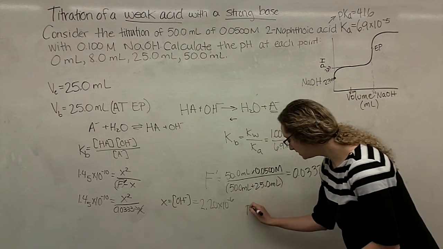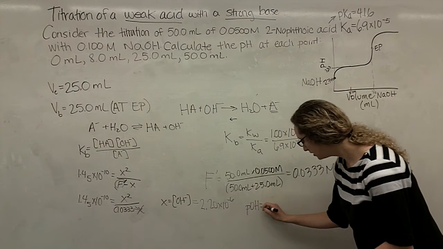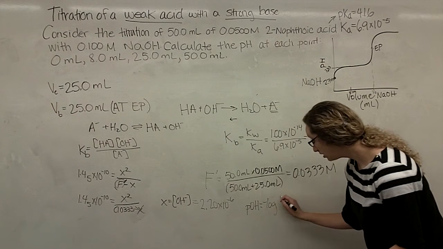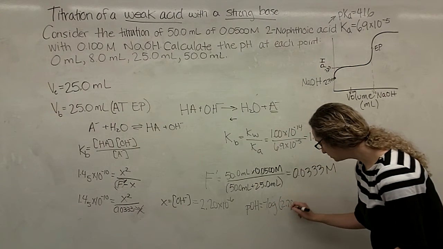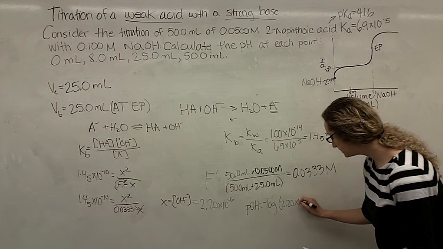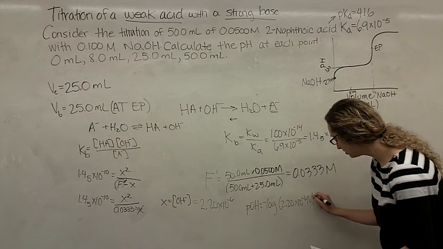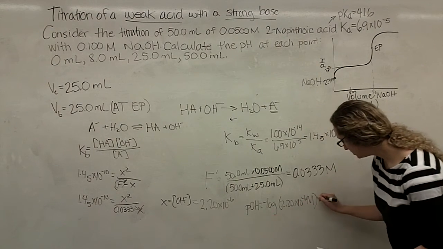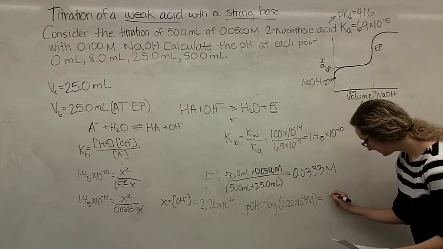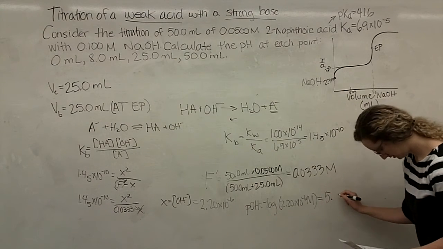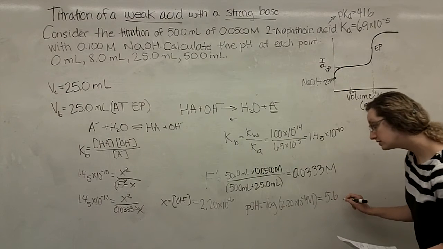And if you find the pOH, that will equal negative log of 2.20 times 10 to the minus 6 molar, which equals 5.66.